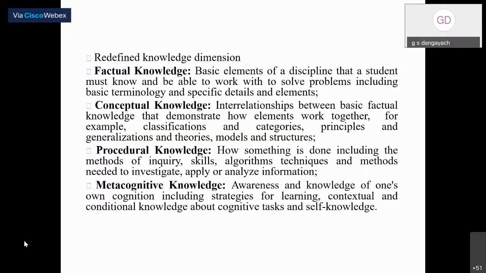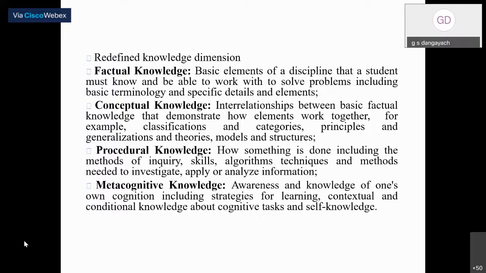Conceptual knowledge: interrelationship between basic factual knowledge that demonstrates how elements work together. For example, classifications and categories, principles and generalizations, and theories, models and structures.